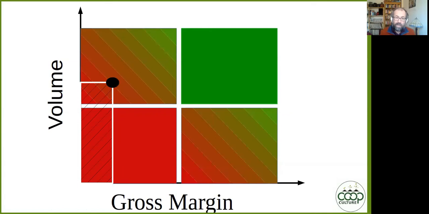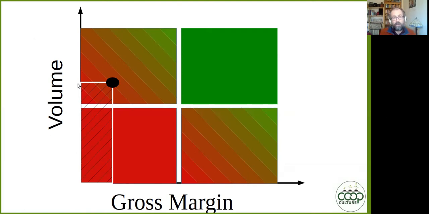So because the volume of things that you sell is one of the sides of the rectangle, and the amount of money you make on each sale is the other side, that will give us the area of the rectangle. So the area of the rectangle is a representation of how much gross profit we will make.